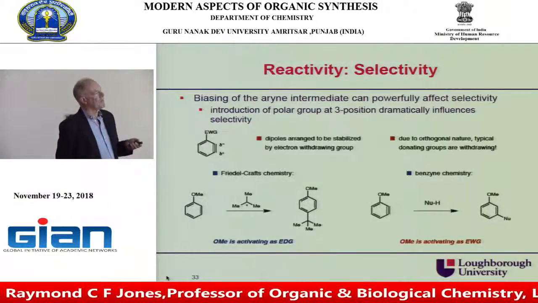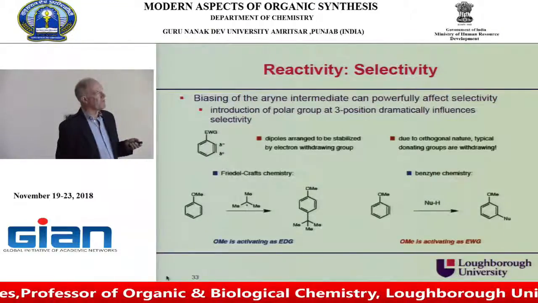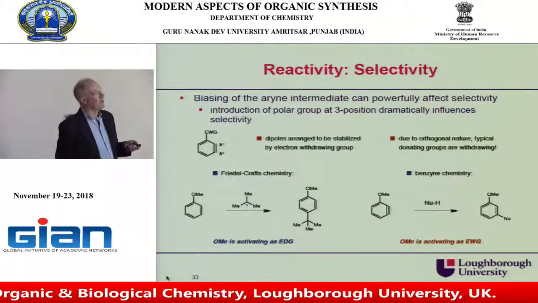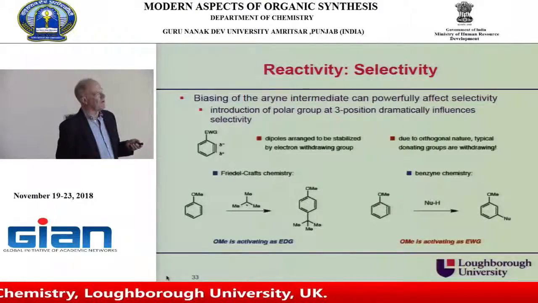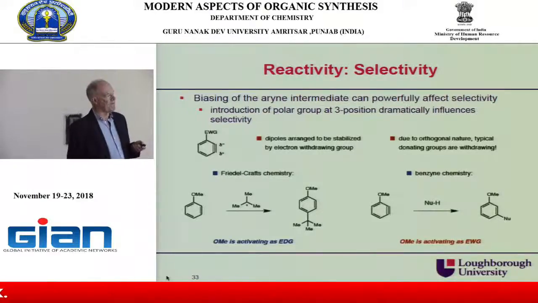So if I've got an EWG, which stands for electron withdrawing group, then you can imagine that is creating a small dipole in the benzyne, which is a little bit more electronegative nearer to the electron withdrawing group. So that will be one effect.